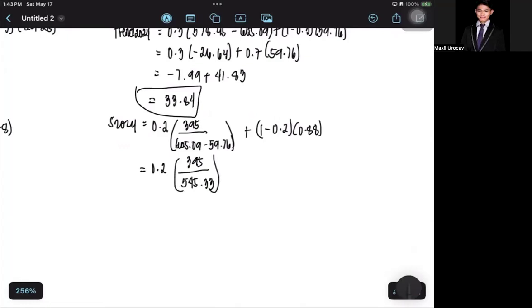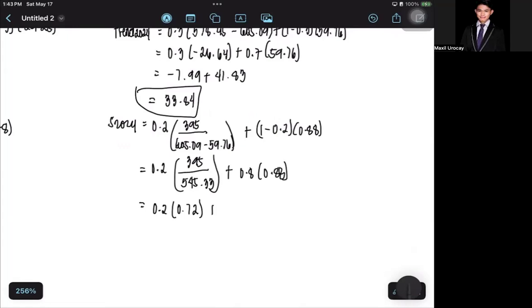So for this one right now, it will become 0.8 times 0.88, and then calculating here 0.2 times 395 over 545.33, it will become 0.72.